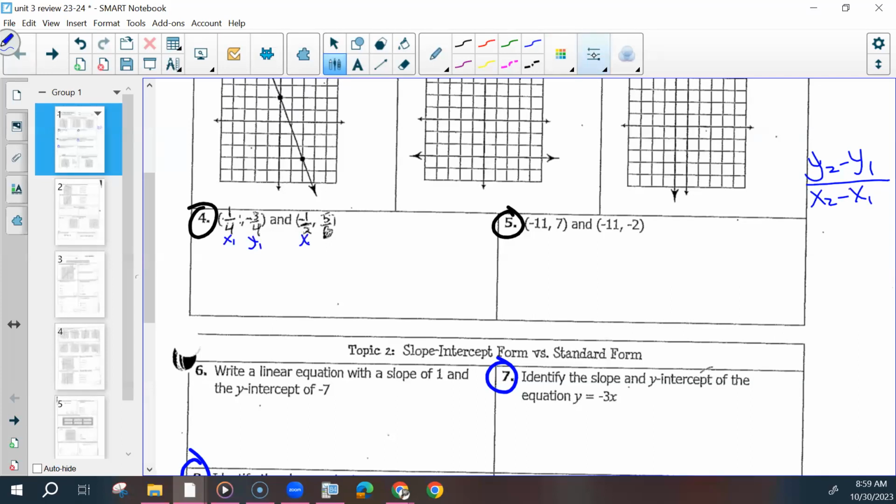X1, Y1, X2, Y2. Right, just in case you can't read the fractions, that says 1/4, -3/4, -1/2, and 5/6. We're gonna put that into that formula. 5/6 minus -3/4 all over -1/2 minus 1/4.